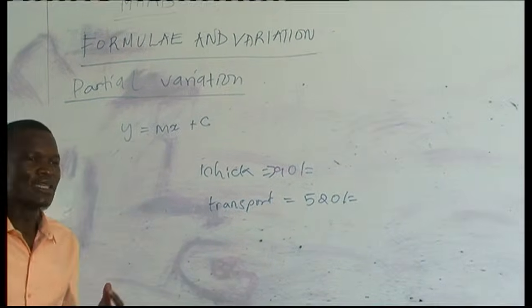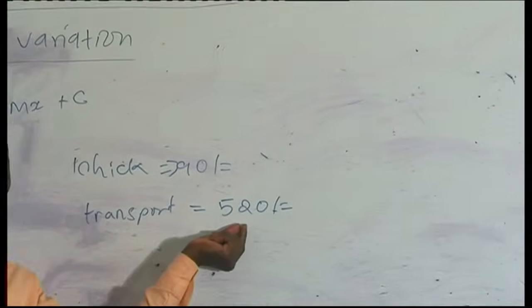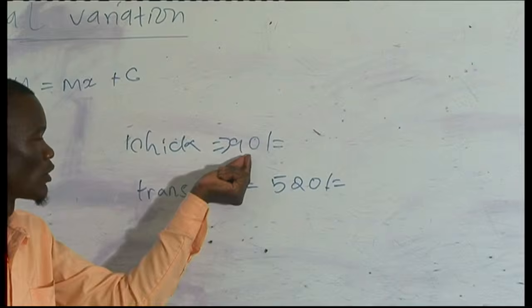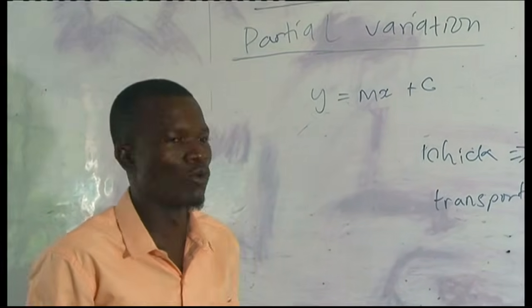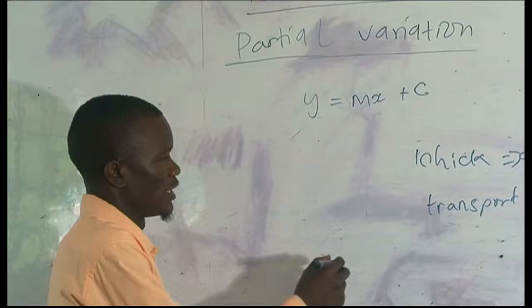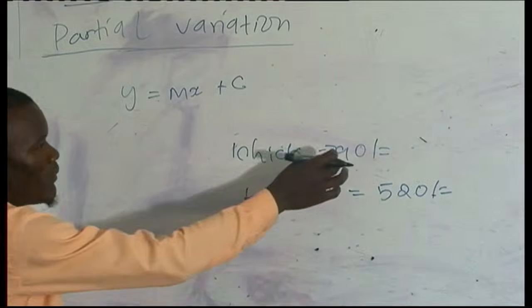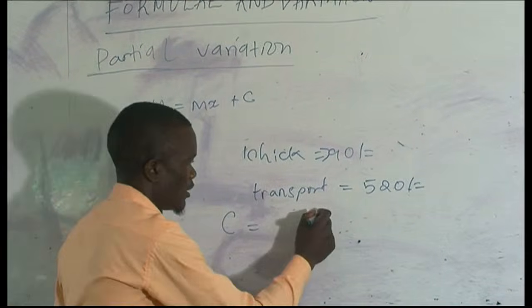So here, the total cost depends on the cost of chicks and the transport. The transport here is constant, but the cost of chicks depends on the number of chicks bought in the market. For example, we can say our cost is equivalent to the number of chicks. Let's say that this person bought n chicks.